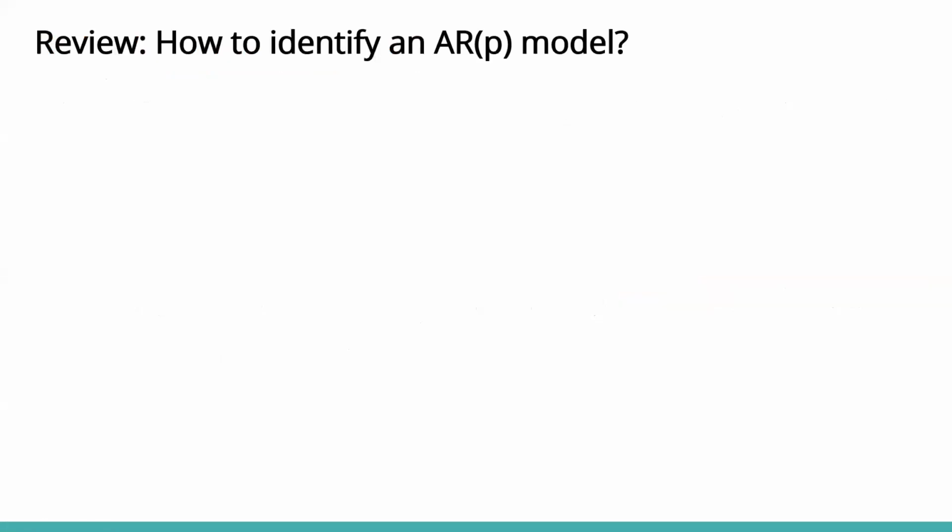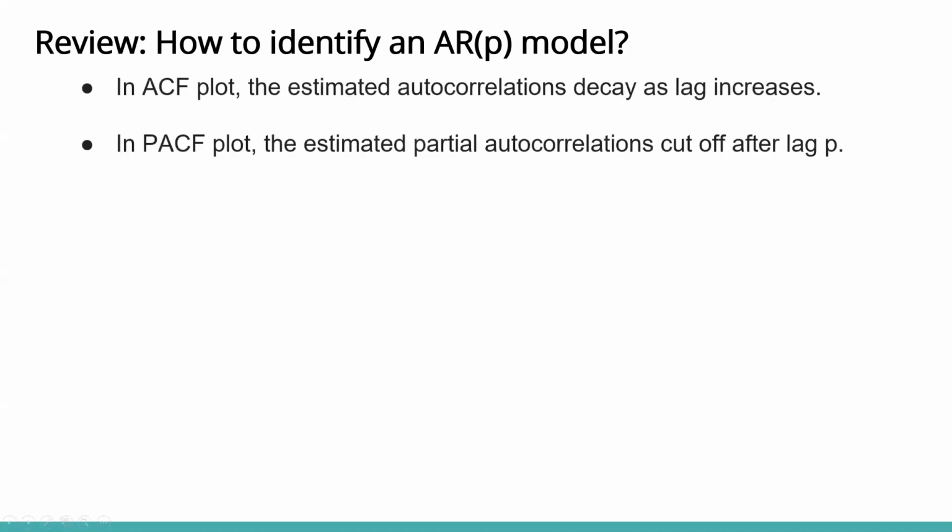Okay, let us have a review. I've walked you through the moving average model, and we have also done something on the autoregressive model. Let us now have a review. How do we identify an AR of order p model? For the autoregressive model, when you use the ACF plot, which is the autocorrelation function plot, the estimated correlation decays as lag increases.